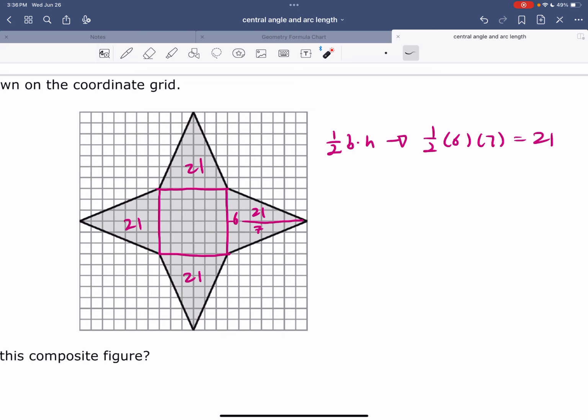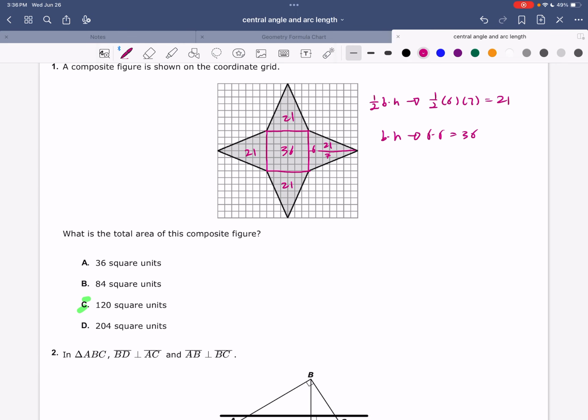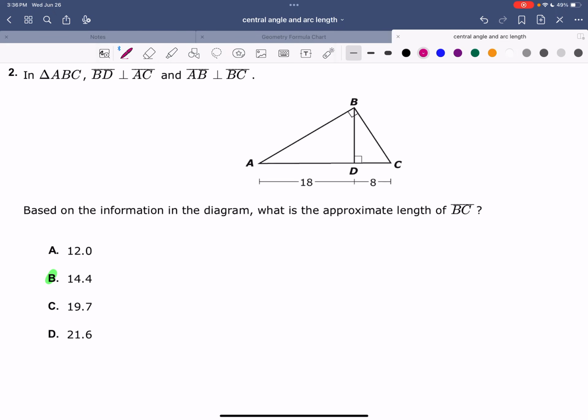For the square, it's a 6 by 6, so it's going to be 6 times 6, which is 36. If you add them up, you're going to get the answer. So 21 plus 21 plus 21 plus 21 plus 36 gives you 120.